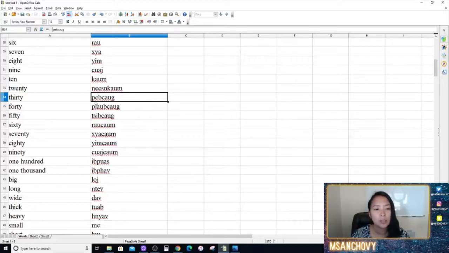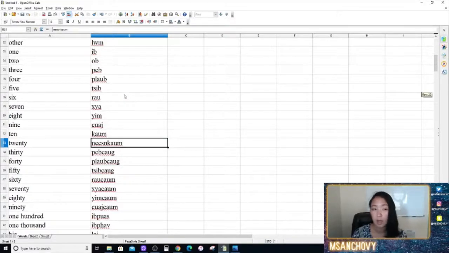Okay, so we have 30. Bei jiao. 3, 10, 2, 10. So if you wanted to say 21, you would say ning gao yi, so 21. But once you get to 30, you would say bei jiao.